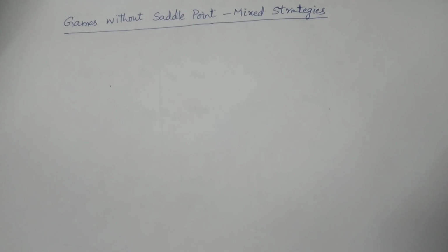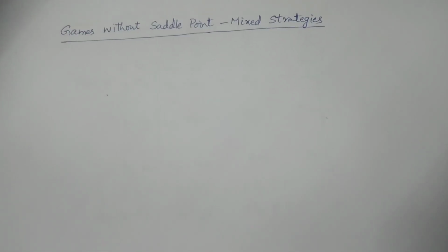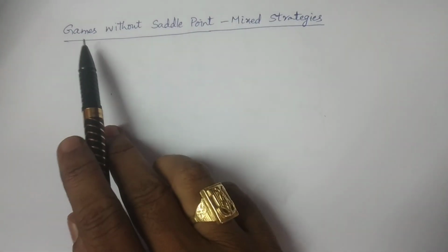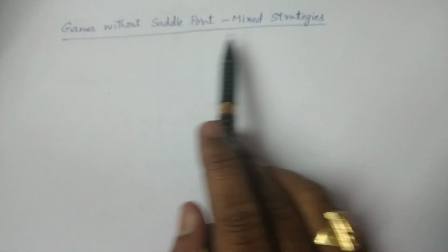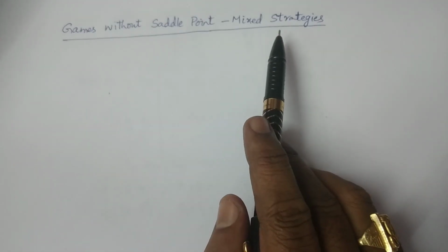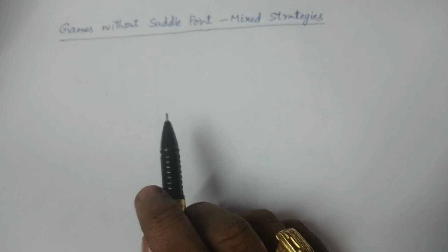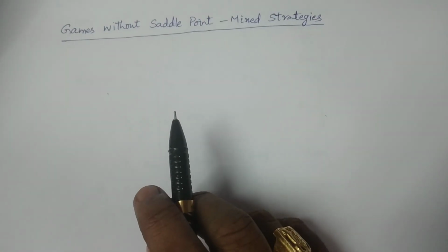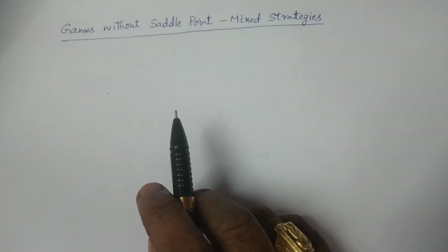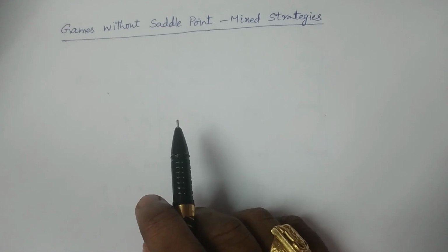In this class, I explain one of the important topics in game theory: games without saddle point, that is, mixed strategies. If the saddle point does not exist for a game, how do we calculate the value of the game and the optimal strategies?